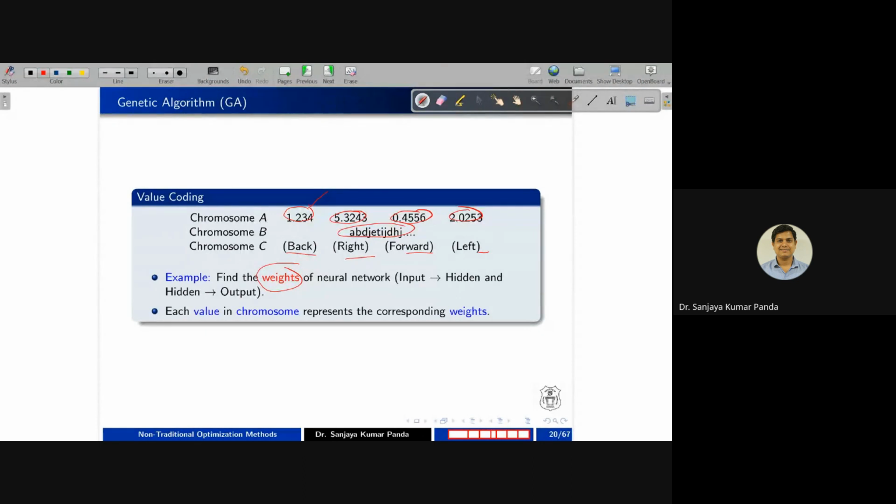If you generate different chromosomes, every chromosome generates different weights. For a particular set of weights, maybe your neural network performance is better. So there also you can generate different weights and different chromosomes to check which set of weights can perform better in the case of a genetic algorithm.